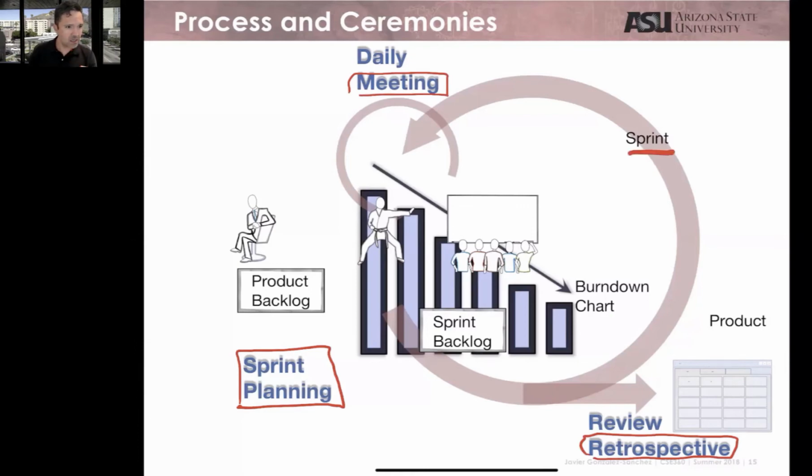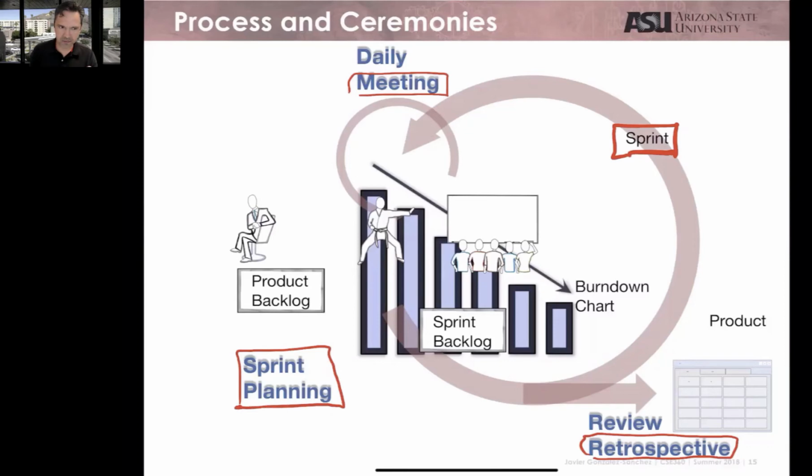Now, I am talking about these 2 weeks. The period that you work, these 2 weeks, has a fancy name. We love the fancy names. The fancy name for that is going to be a sprint. You do a sprint. Yeah, you work 2 weeks.